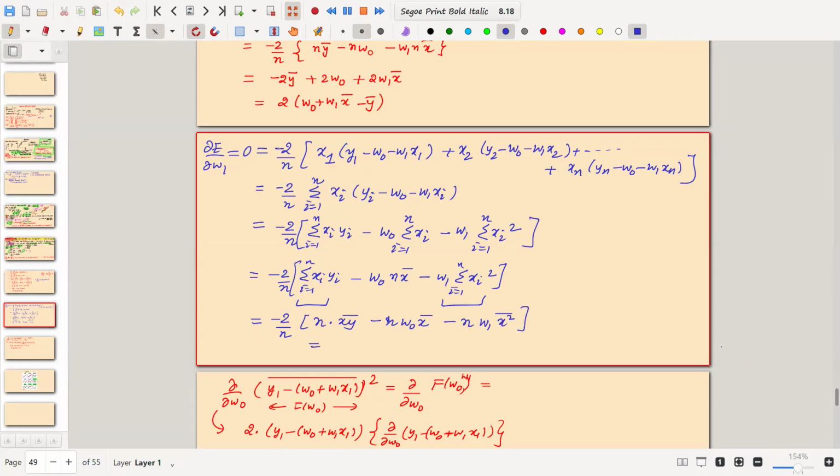Yes. So what you will get? Can you write it? Can I write it as w naught x bar minus w1 x square bar minus xy bar?